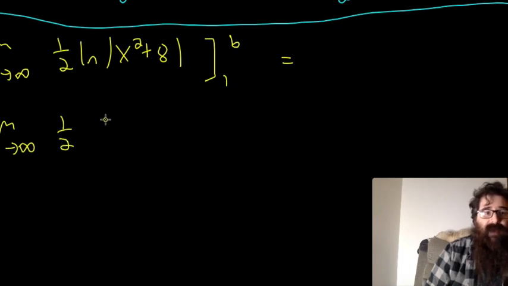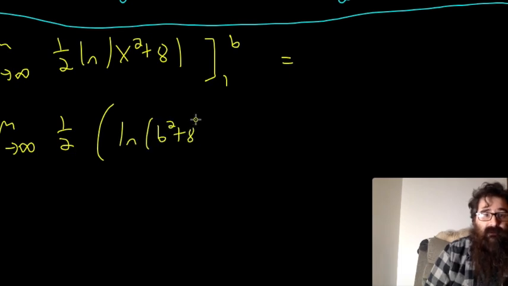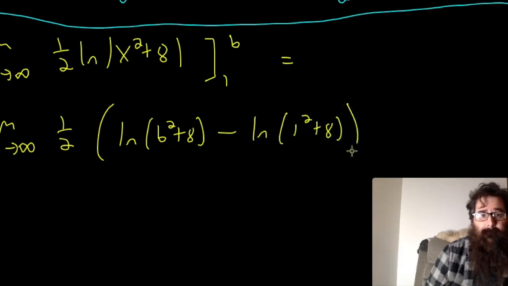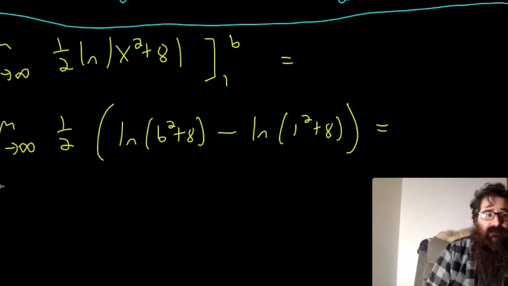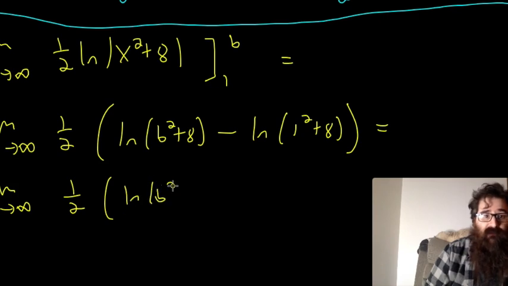I'm going to leave 1/2 as a coefficient, but then I'm going to plug in my upper bound of b, so that's natural log of b squared plus 8. And then minus, I'll plug in 1, natural log of 1 squared plus 8. I'll clean this up as much as I can before having to take a look at the limit. I can't do anything with natural log of b squared plus 8, but here I have minus natural log of 9.